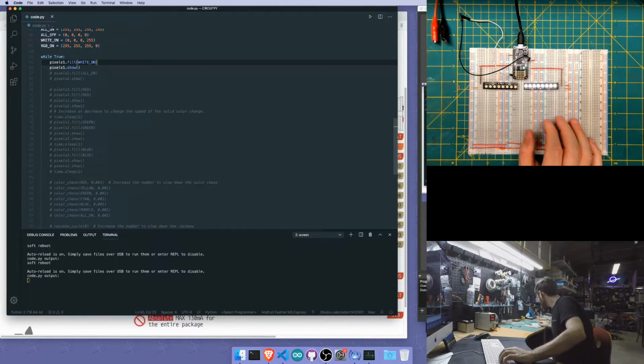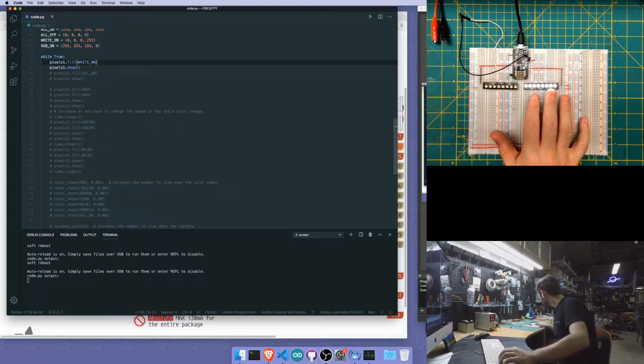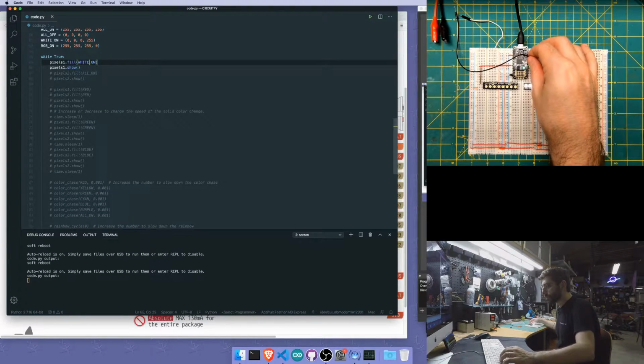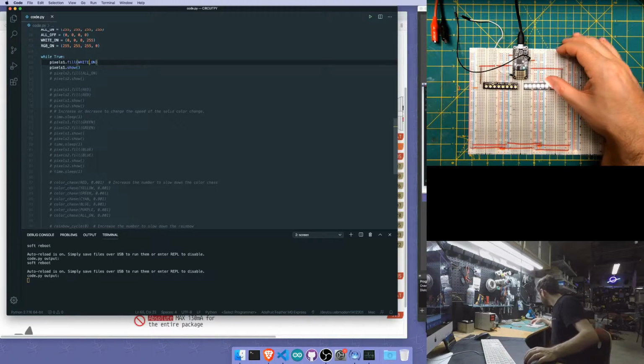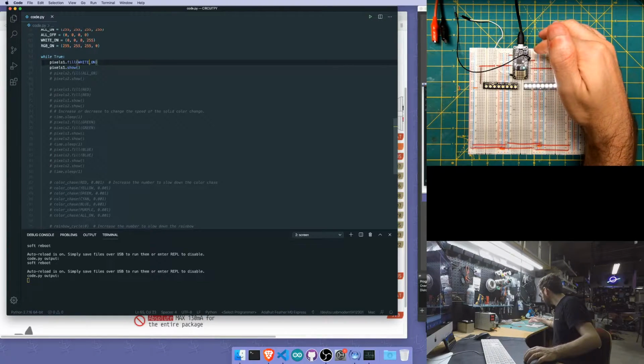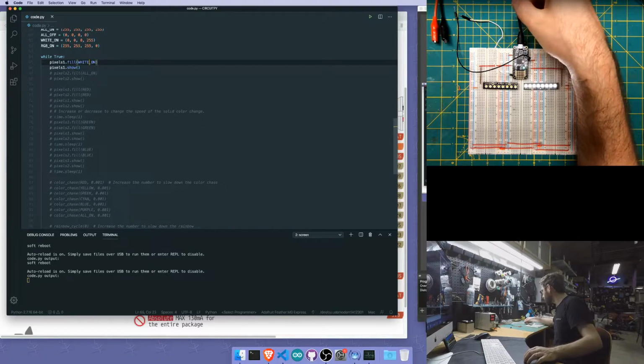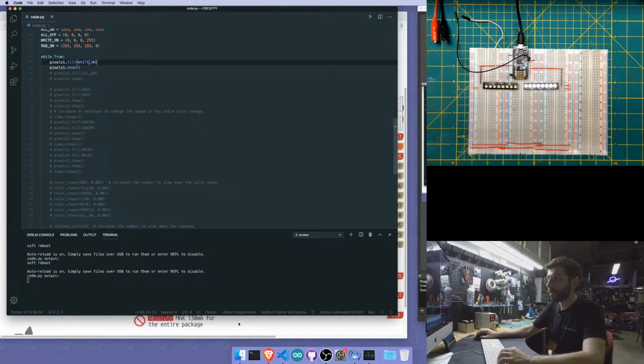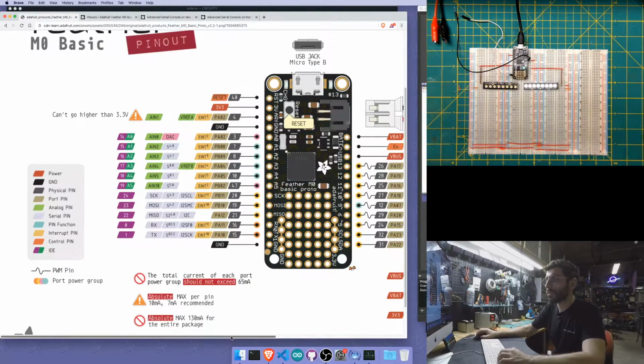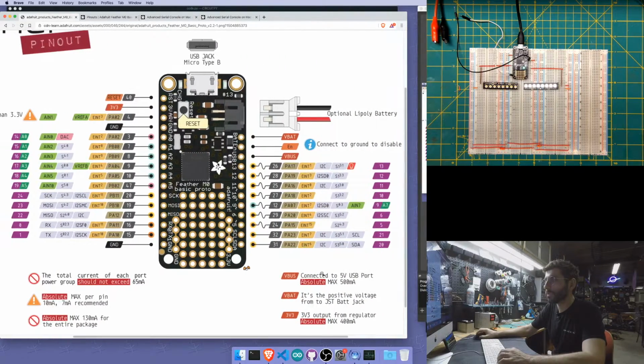So these are currently being powered by just the output power from the 5-volt USB, and if I remember correctly, this thing can only output from the USB, yeah, maximum of 500 milliamps.